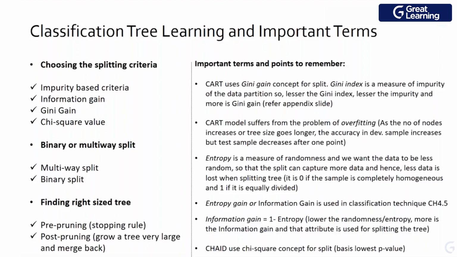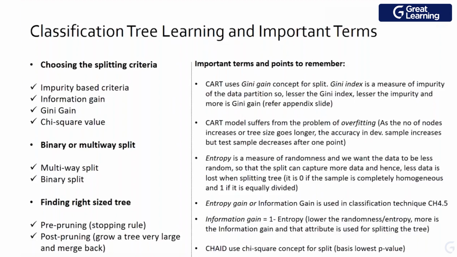So in the CART model, whenever you allow the nodes to increase further and further and the tree size goes longer, the accuracy in the development sample increases, but after some point, the accuracy in your test sample, where it should actually hold true, starts decreasing, and you know that your model is suffering from the problem of overfitting. So that's something you have to be careful about.